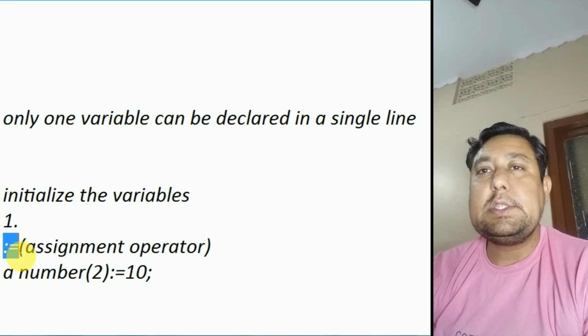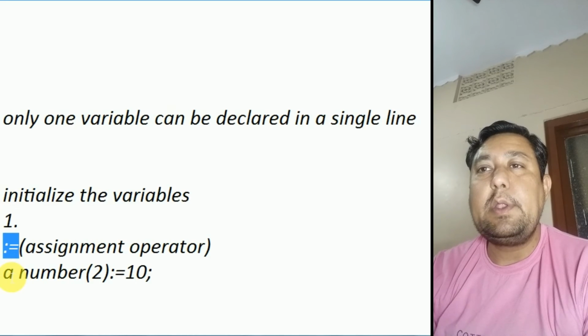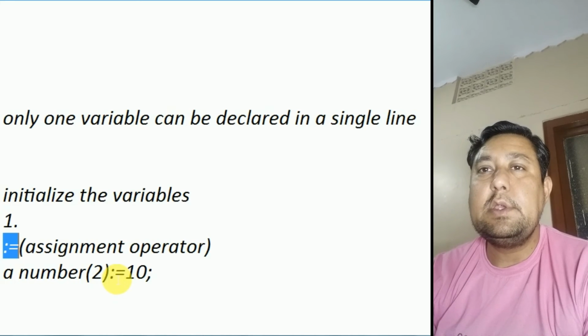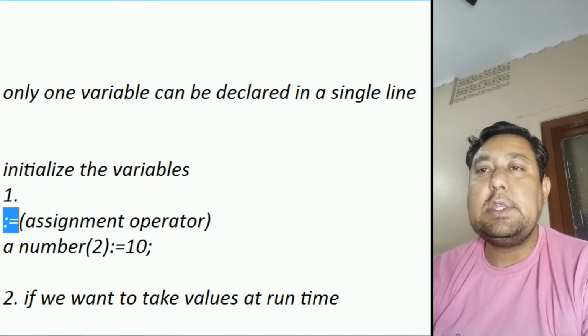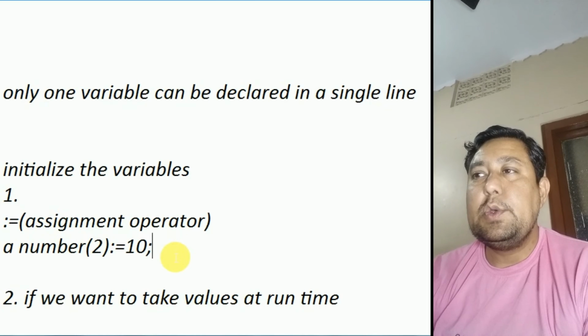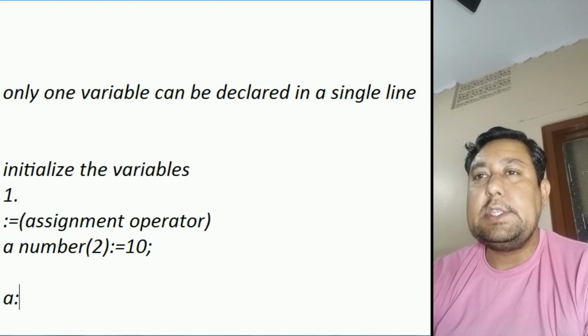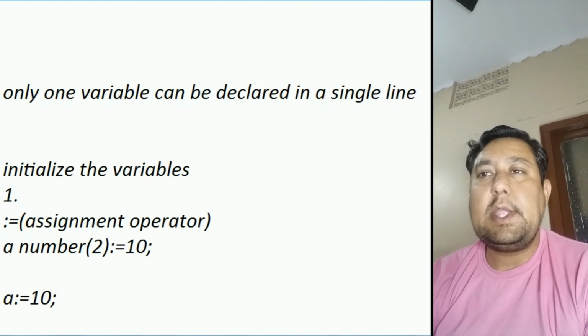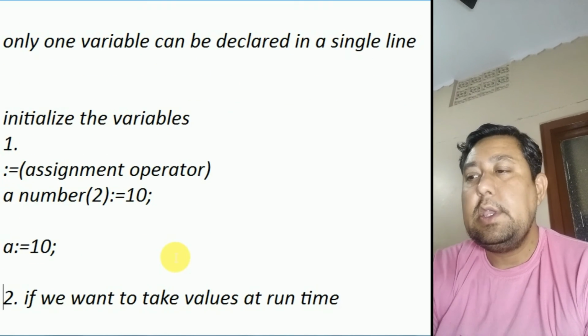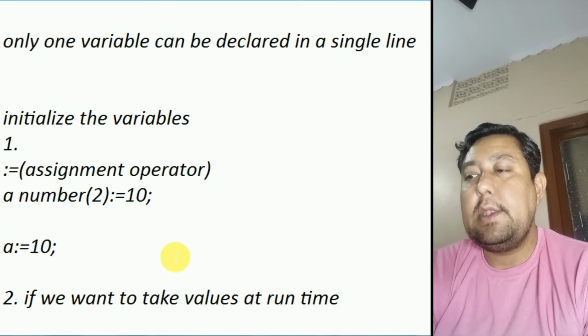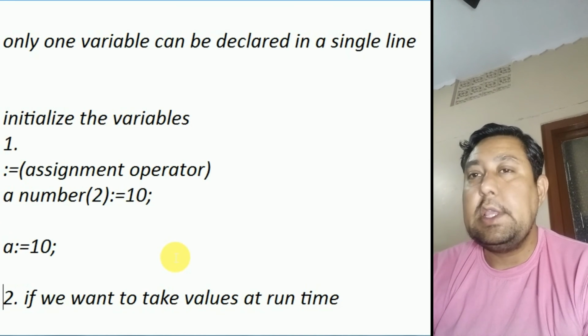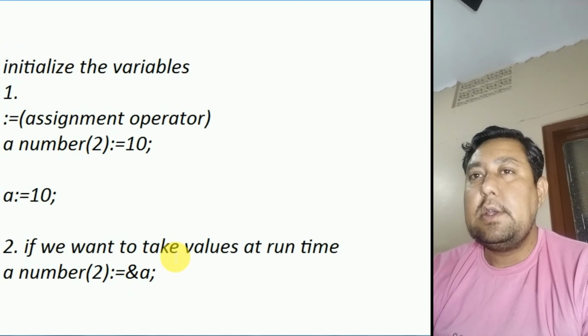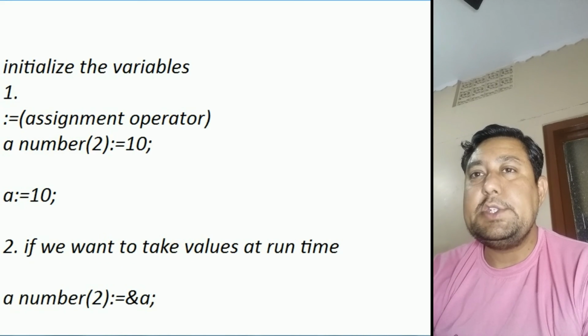This colon equals assignment operator is used for assigning a value to a variable. You can see the example: a number, size 2, and it is initialized to 10. If you want to initialize it later, you can write in the begin section a := 10 after declaring it in the declaration section. So these are both the types of initialization of the variable.